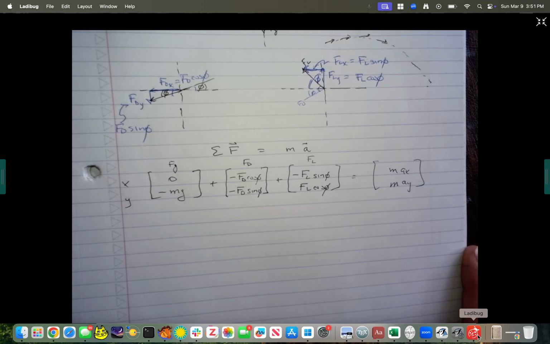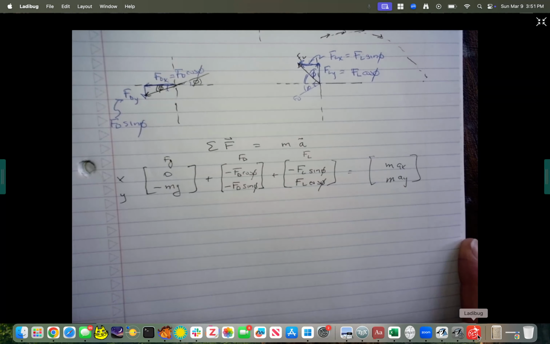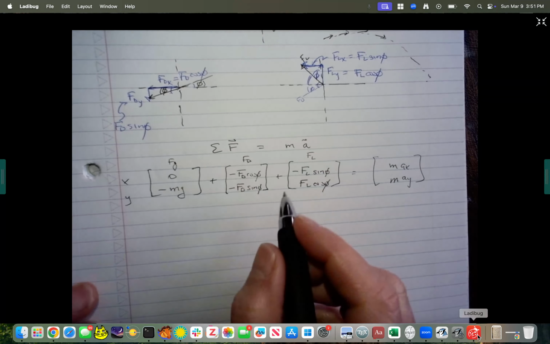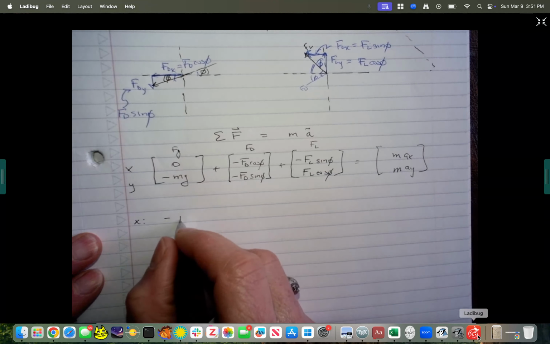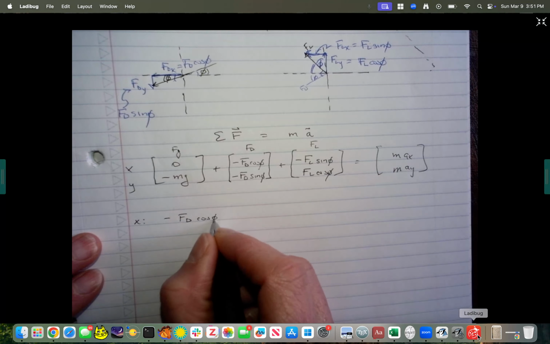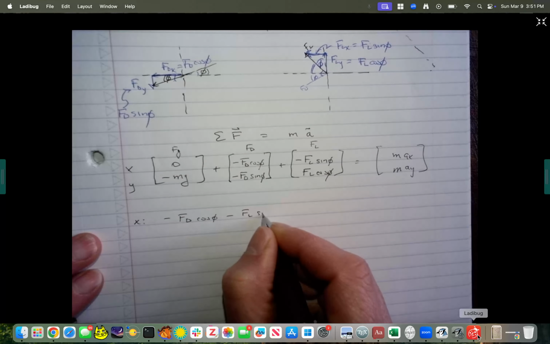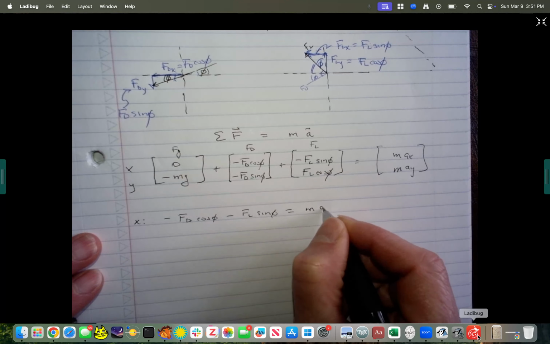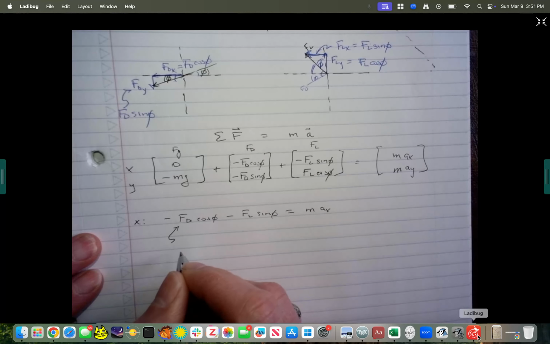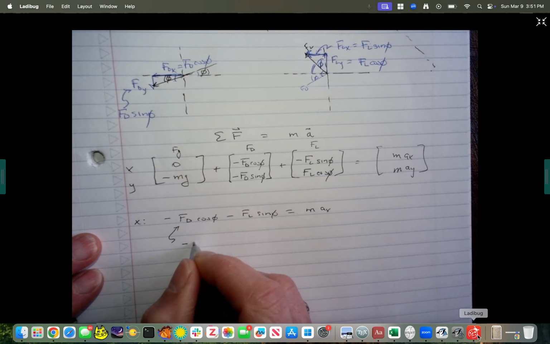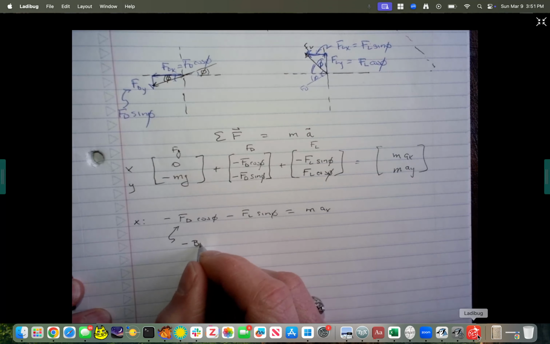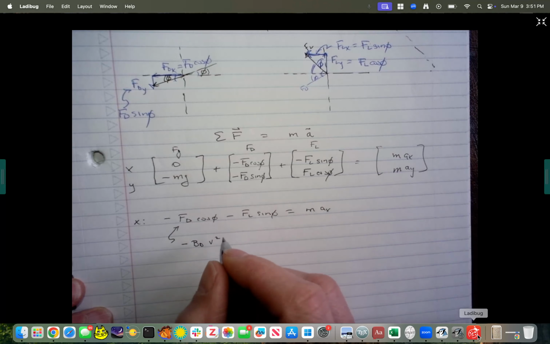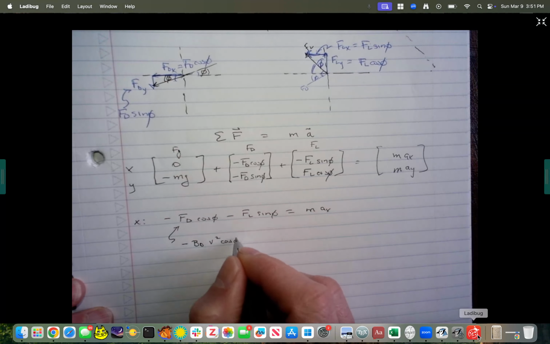Okay, so we want to solve for our acceleration. So let's look at the x direction first. So we have minus F drag cos phi minus F lift sine phi equals m a_x. The drag force we saw in part 1, so we're going to say that's minus b_d v squared, and in the x direction, so v squared times cosine phi.